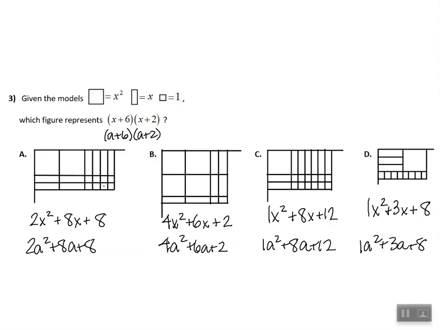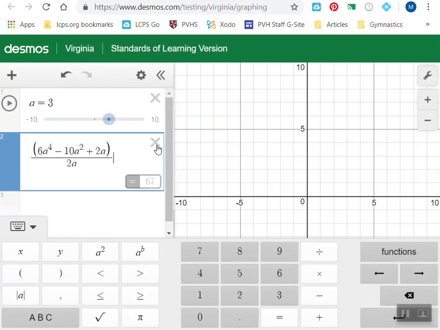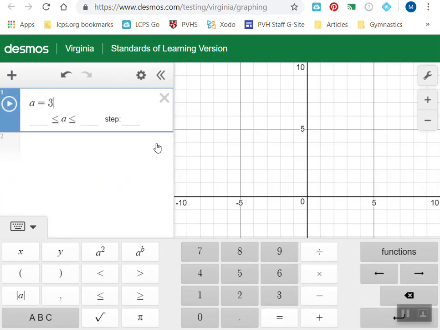So now, just like the last problem, we want A to equal 3. So if I go to Desmos, I'm going to clear out everything I had for the last problem, but I'm going to keep A equals 3.